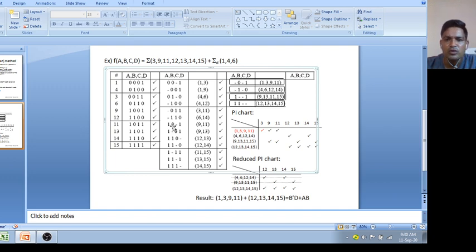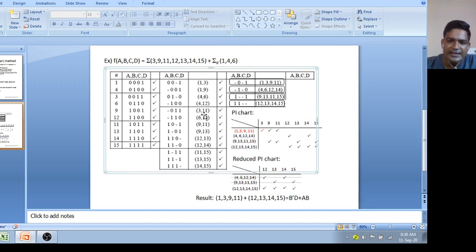So 1 3 9 11 gives dash 0 dash 1. Then similarly compare 1 9 with 3 11, the same thing.